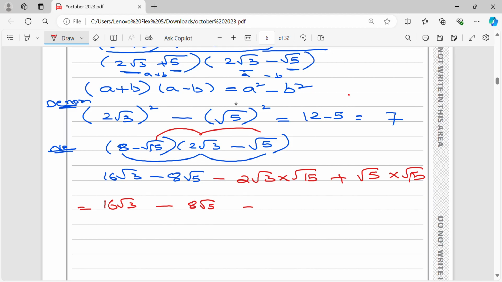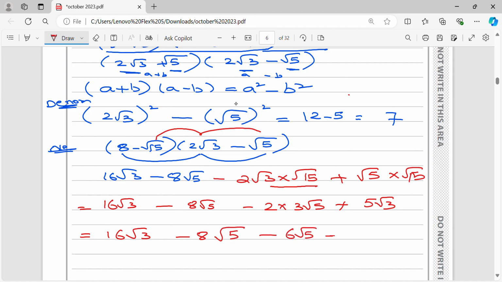And root 5 times root 15 is 5 root 3. Right, so 16 root 3 minus 8 root 5 minus 2 times 3, which is 6 root 5, plus 5 root 3.